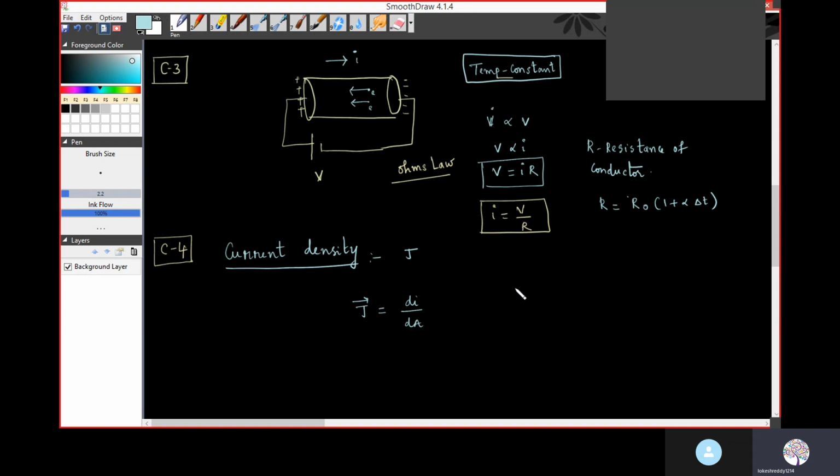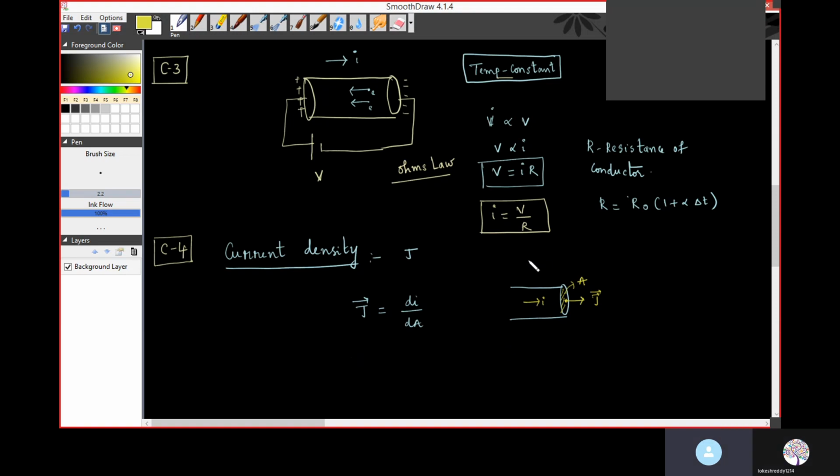Now say you consider a conductor, then the current is I, and the area of this cross section is A. Then the current flowing per unit area is called current density. J will have the same direction as that of current.